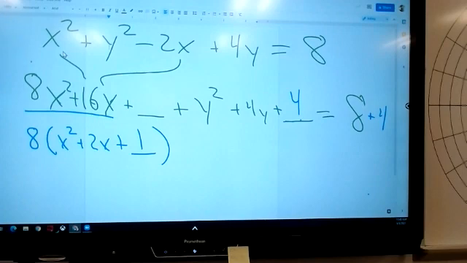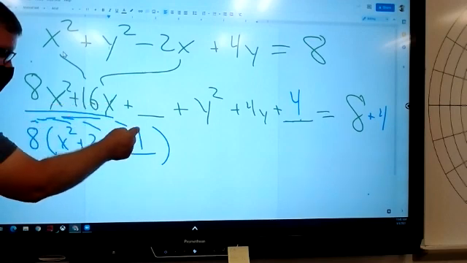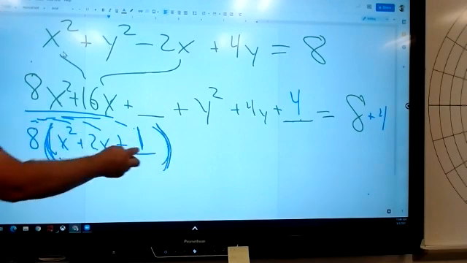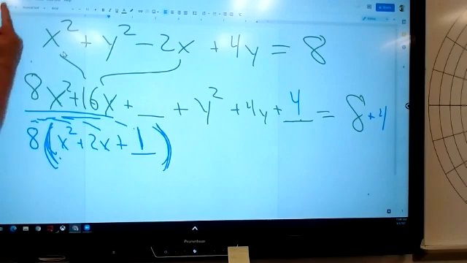Why? Because it's outside. Because if I put this right back, this would go back to being 8 squared, wouldn't it? This would be back to 16, wouldn't it? When I put a 1 here in the parentheses, what did I really put on this whole side? 1 times 8.